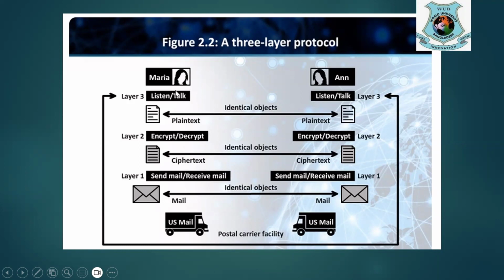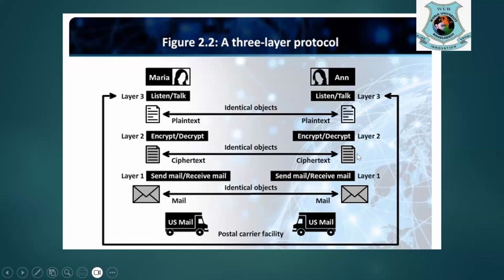In layer 2, in case of Maria, layer 2 is doing some encryption, and in layer 2, in case of Anne, layer 2 is doing the decryption. So just the opposite of encryption is happening here. And they are assigned to do this particular task.